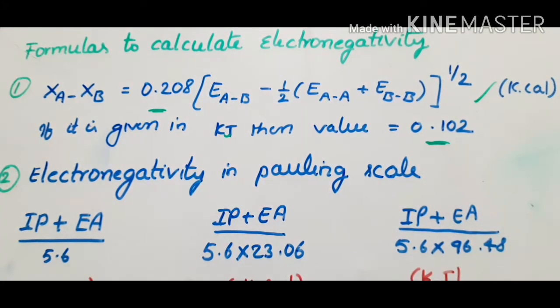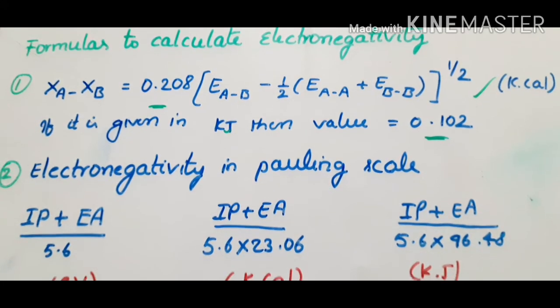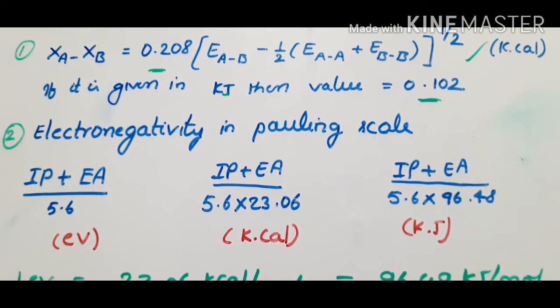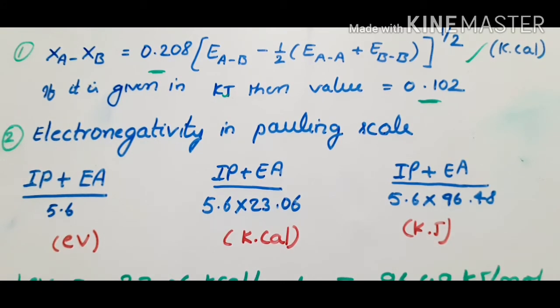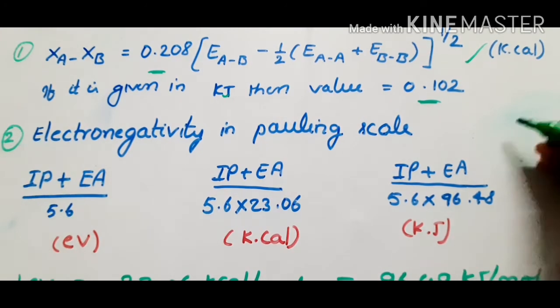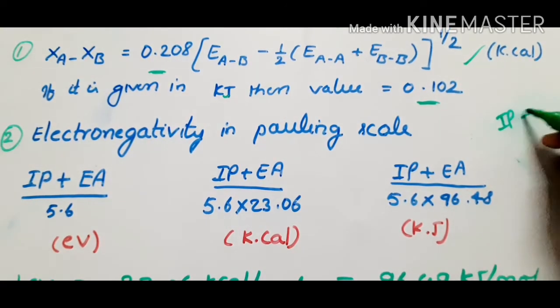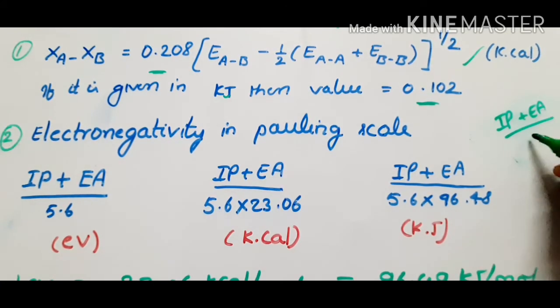Next one is electronegativity on the Mulliken scale. It is calculated as the average value of ionization potential and electron affinity. Mulliken regarded the average of ionization potential and electron gain enthalpy, that is, divided by 2.